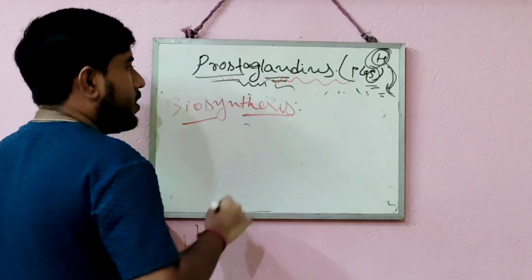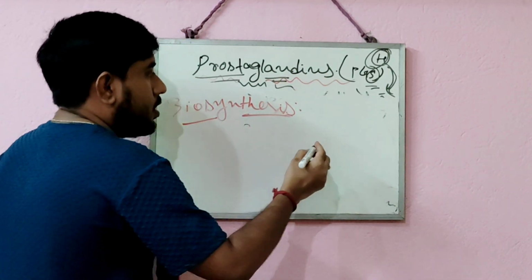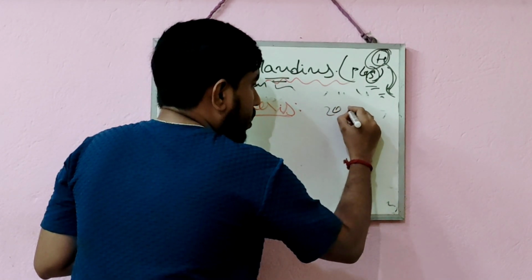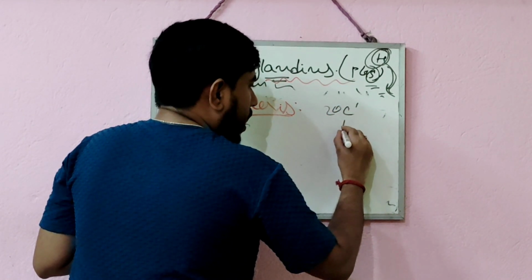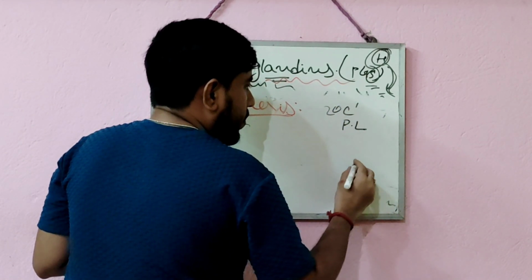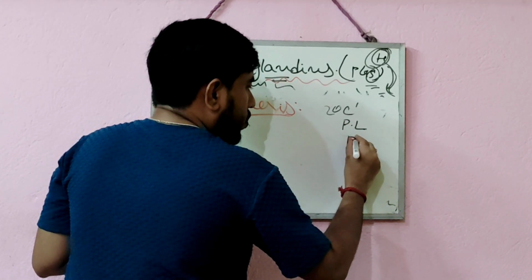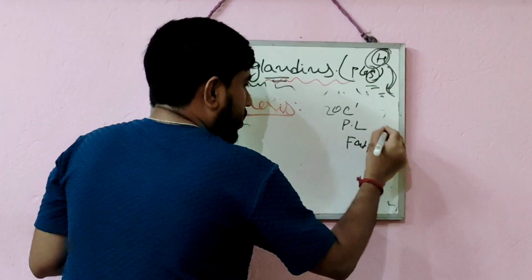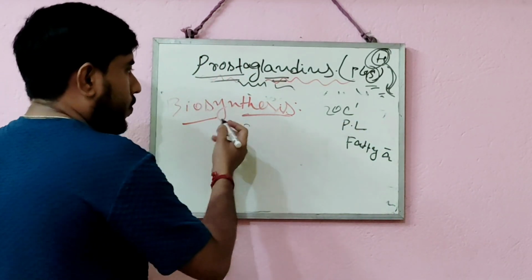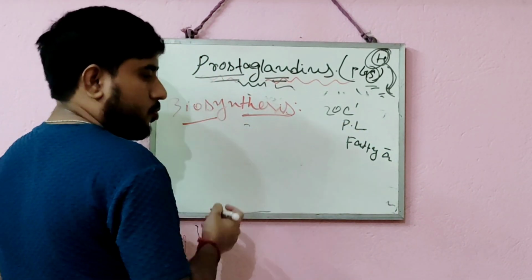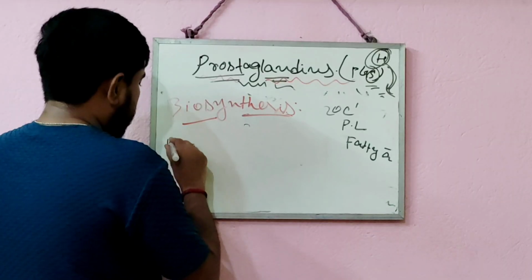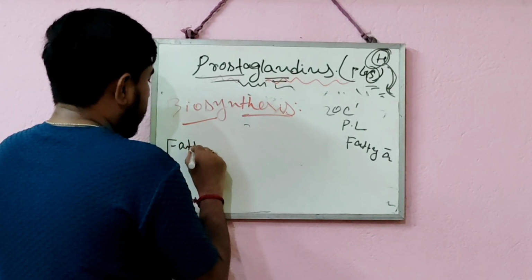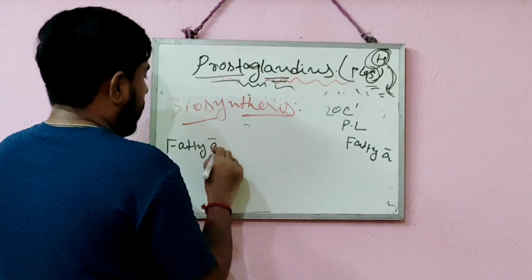I told you in the introduction that prostaglandin consists of 20 carbon atoms, it is released from phospholipids, and it also consists of a chain of fatty acid. So from that introduction you can understand how biosynthesis generally takes place for prostaglandin. Generally there are different fatty acids present in our body.